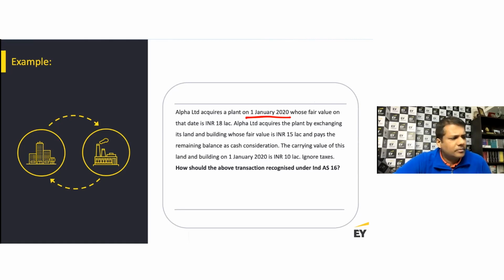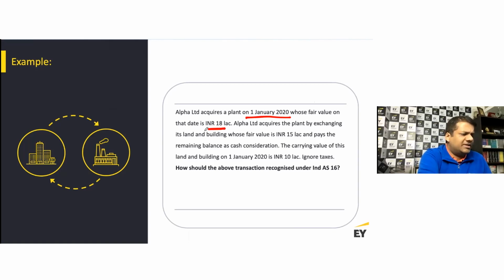Now, Alpha Limited acquires the plant by exchanging its land and building, whose fair value is INR 15 lakh. So I've acquired the plant and the fair value is 18 lakhs. And how am I paying for this?